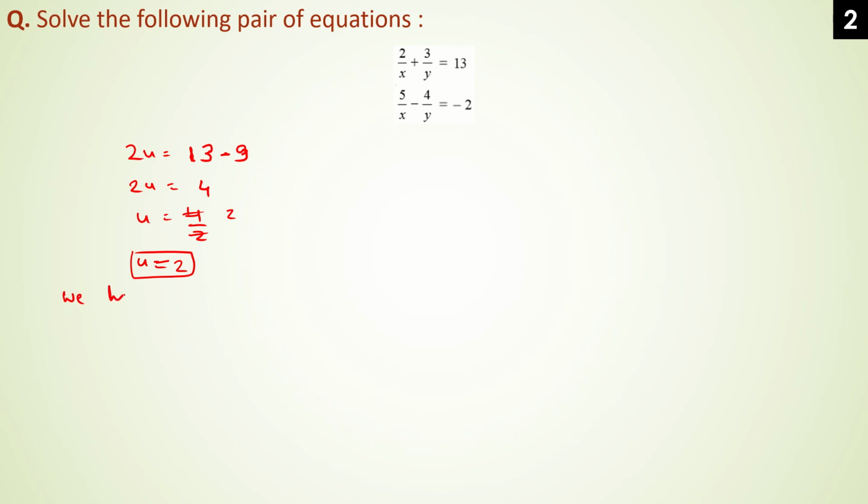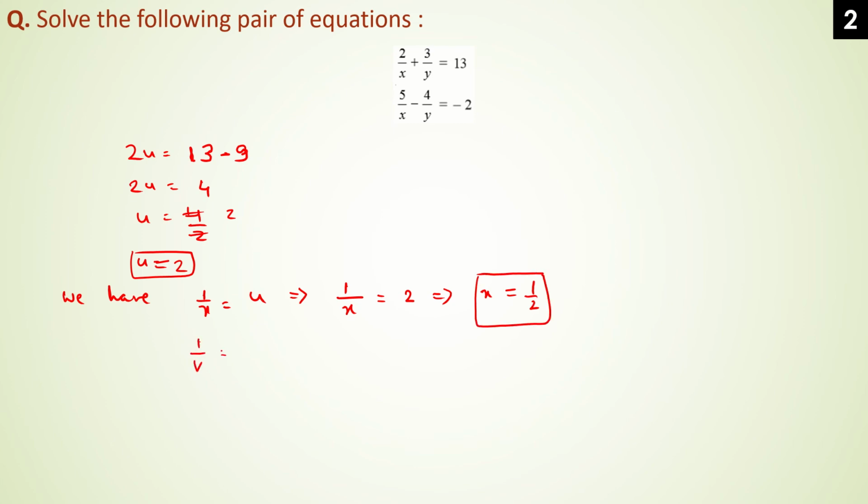So we have 1 by x equals u, and actually we had to find the values of x and y. So 1 by x is equal to 2, and hence by taking the reciprocal we get the value of x as 1 by 2.